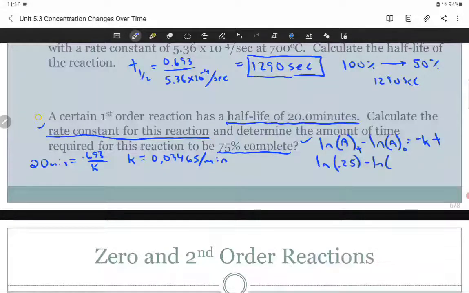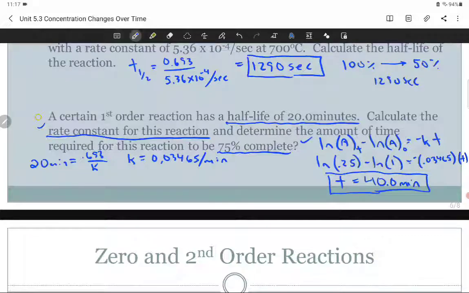And remember, we started with 100%. We have our rate law constant. And then we're solving for time. So rearrange our equation, move everything so we can solve for time, and we're going to get something in the range of 40 minutes.